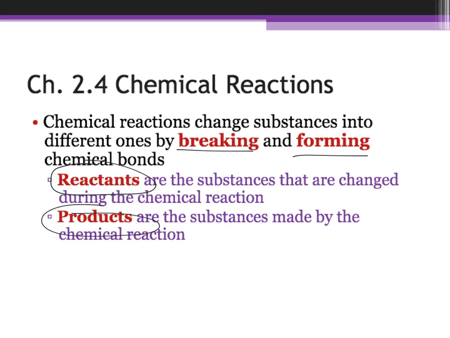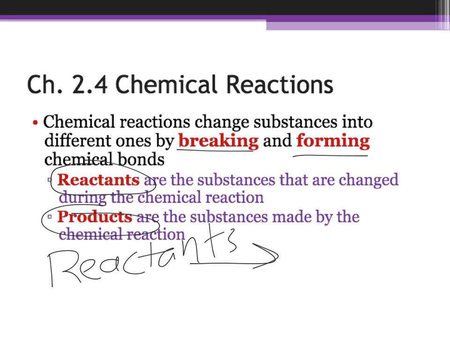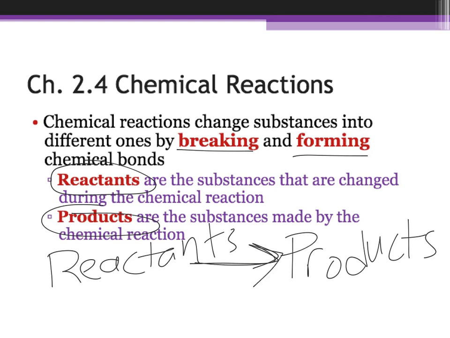If you've seen a reaction, you are going to have your reactants over here on this side of the arrow, and then they're going to form our products on the right side of the arrow. This arrow indicates a chemical reaction.